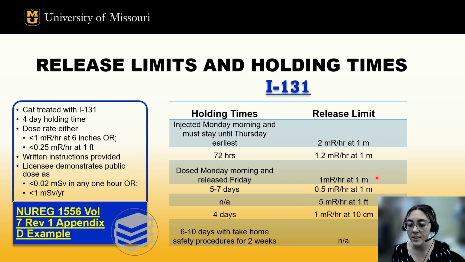And the distance that these dose rates are measured at are all over the place. So we have 1 foot, 10 centimeters, 1 meter. And so it's hard for a program to take the guidance documents, take the regulations, and successfully implement these while feeling confident in what they're doing.